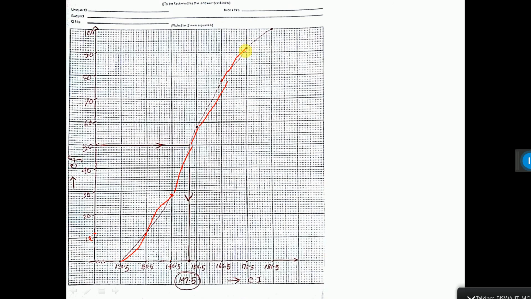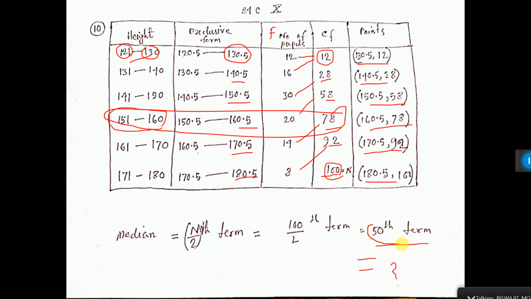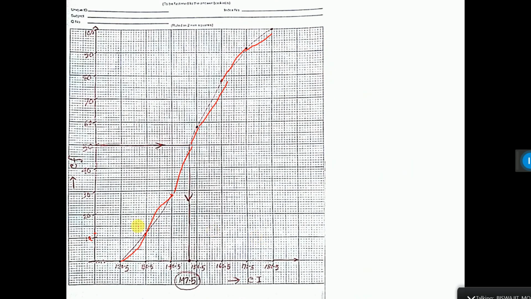You have to complete this cumulative frequency curve. Then see here, the 50th term. So for the 50th term, see here 50, you go to the left side: 10, 20, 30, 40, 50. From 50 you draw one horizontal line, give an arrow sign, up to the graph.